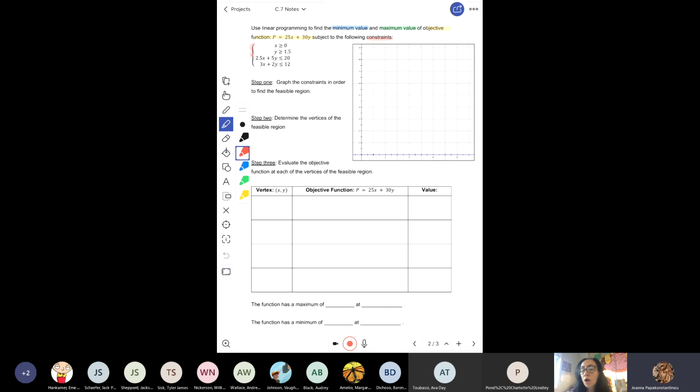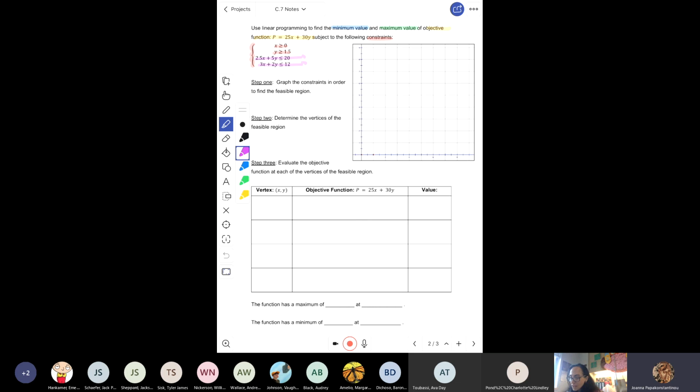We have a non-negativity constraint. We have another constraint where all our y values have to be greater than or equal to 1.5. We have two other constraints that we're going to want to convert to slope-intercept form if we want to graph them. Then we're going to look at the shaded regions. So let's graph each of these.